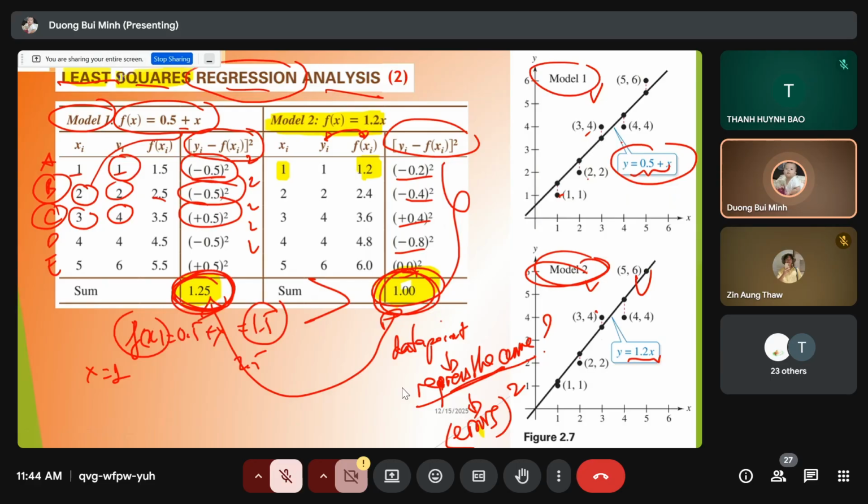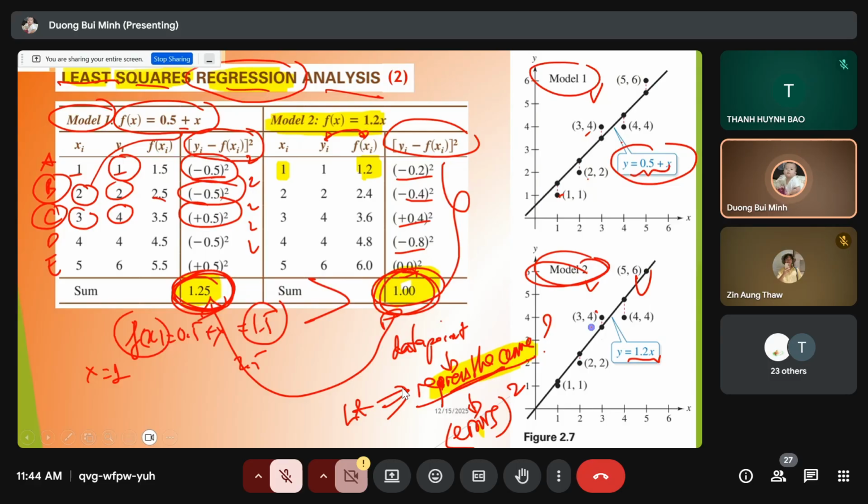So now we know the meaning of square, because we take the square of the errors, and the meaning of least, because we want the minimum of the total error. Now, how can you get the curve from the regression? We apply linear algebra. When we apply linear algebra, you can know how to regress the curve from the data points.